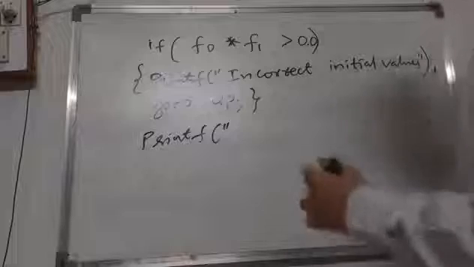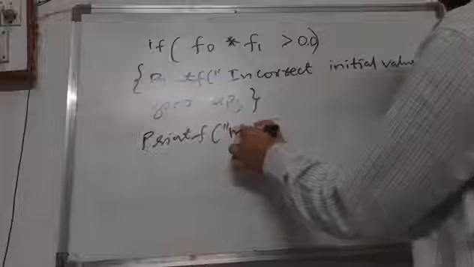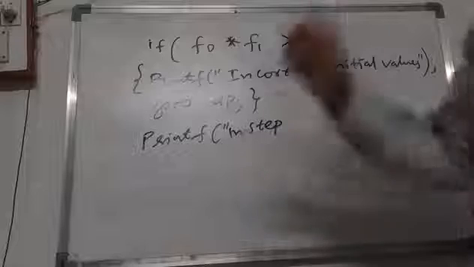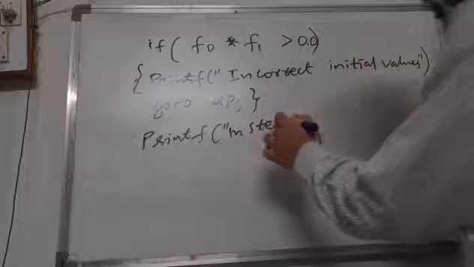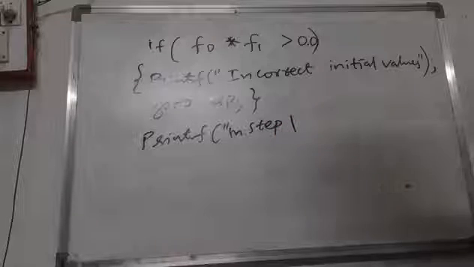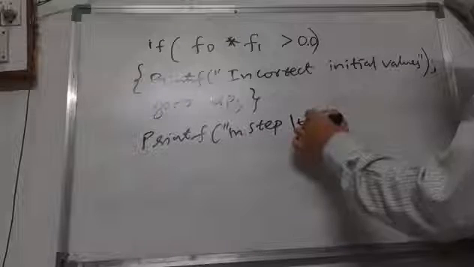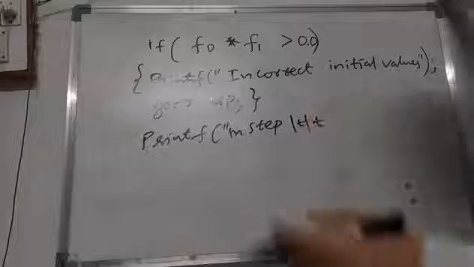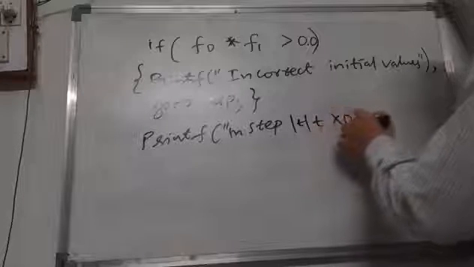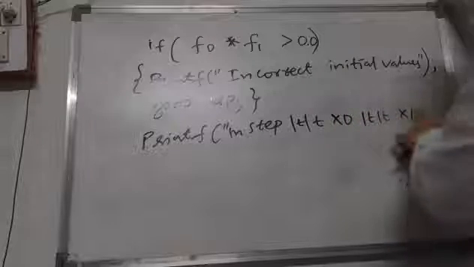You have to give the step value. On the next line we can give the step; we have already initialized step equal to 1. After the step, take some gap, and the x0 value will be printed, then some gap, and the x1 value you have taken will be printed.